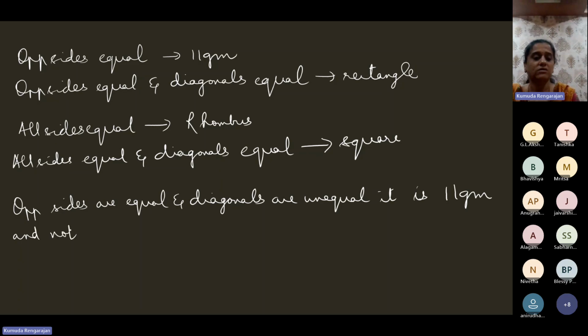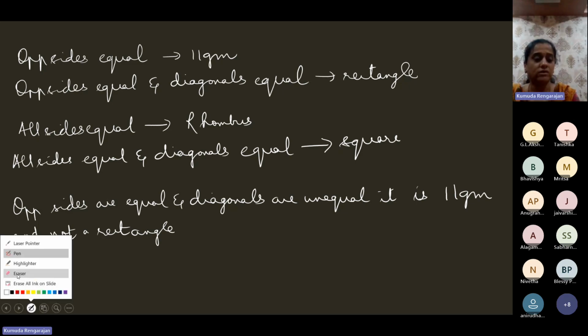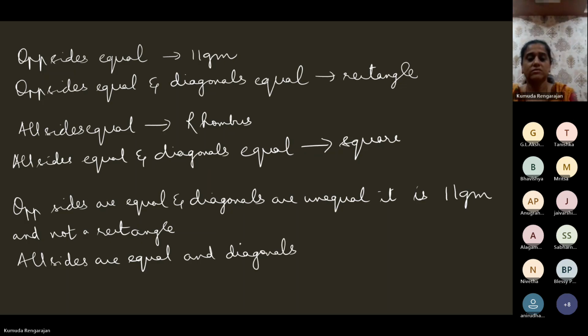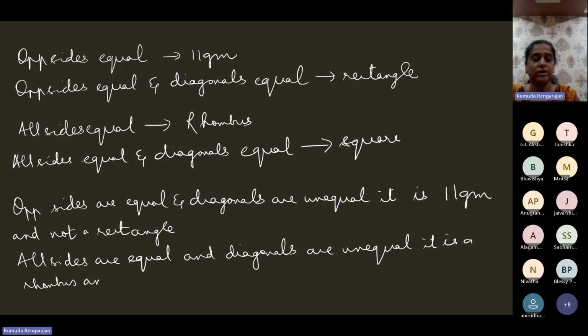If all sides are equal and diagonals are unequal, it is a rhombus and not a square.